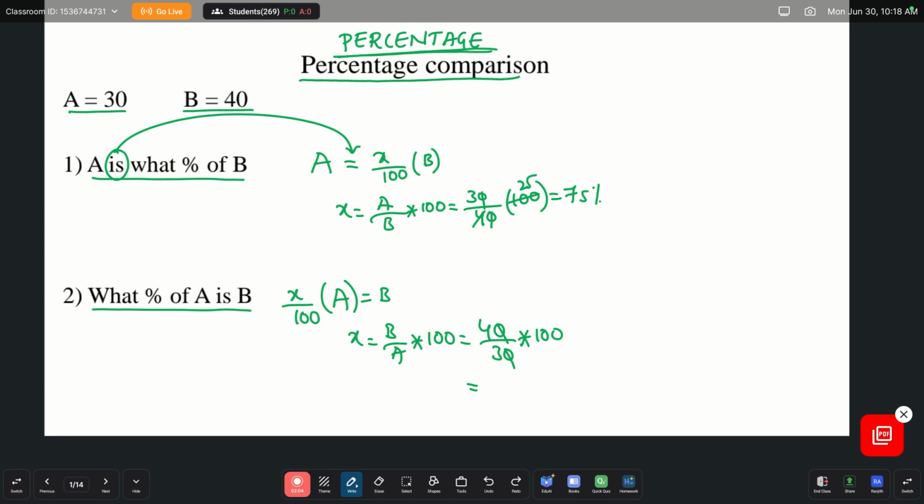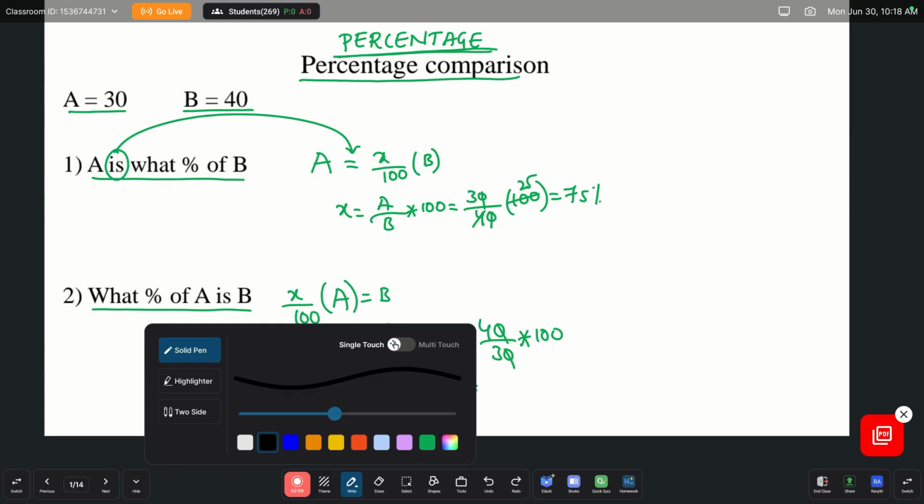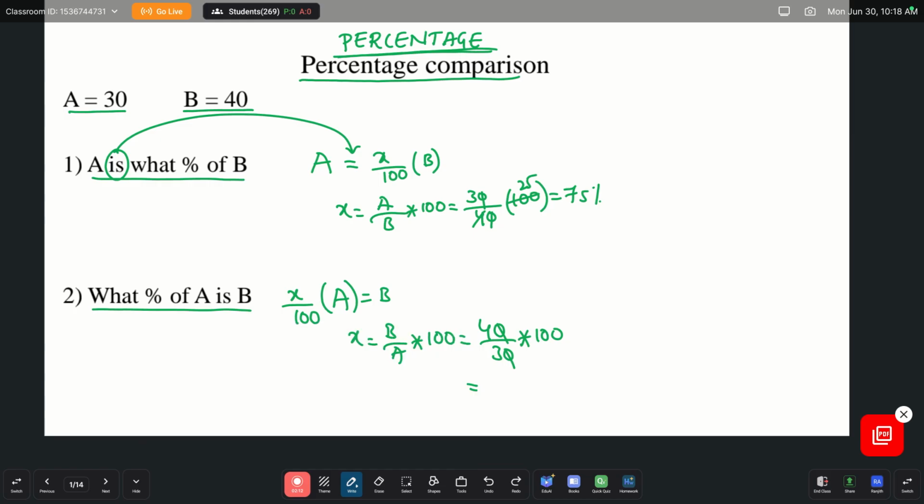Instead of calculating 4 by 3 into 100 like this, how can we write it directly? Just look here. 3 by 4 is nothing but numerator is less than denominator. If the numerator is less than the denominator, then the percentage will be less than 100. How much less than 100? We need to take the difference of numerator and denominator. So the difference will be equal to 1, denominator will be equal to 4. 1 by 4 equal to 25 percentage.